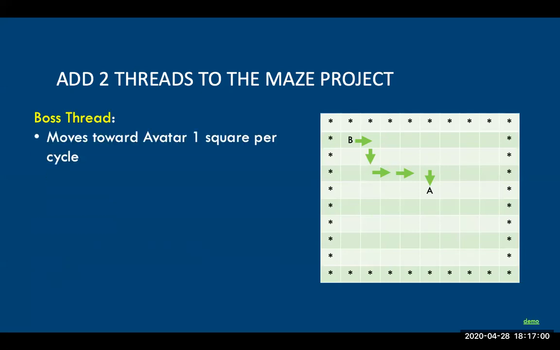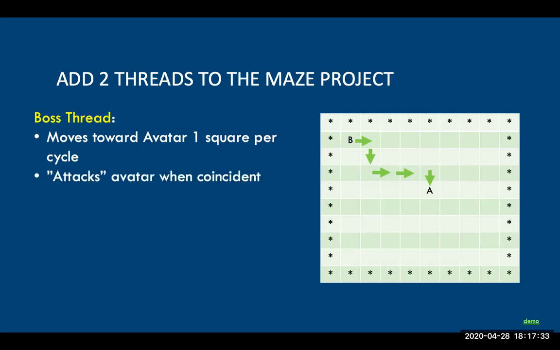But separately, we want to have this worker thread, we'll call it the boss thread, that's going to constantly try to move toward the avatar 1 square per cycle. So if the boss thread takes a 1 second sleep every time it loops in that infinite loop, that's going to be 1 square of movement. And meanwhile, we want you, the player, to be able to run away from the boss. So the main thread is you entering directions as quickly as you can, and the boss is constantly chasing after you.